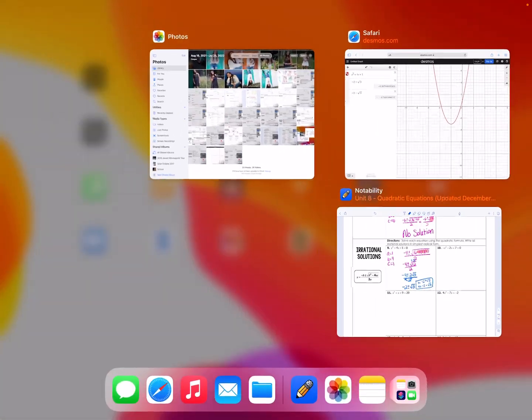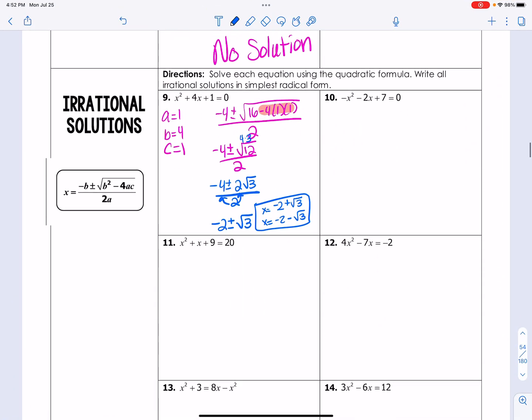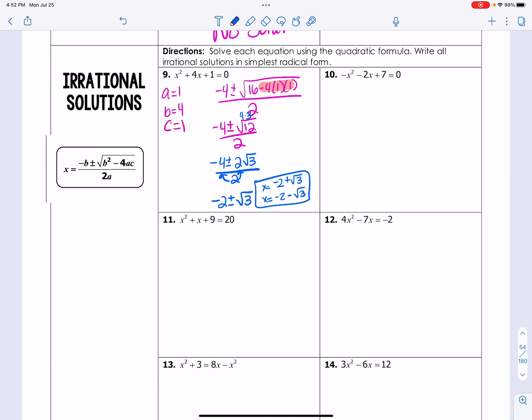Okay, so I would like to look at one more of those. I don't know that we'll do the rest, but we're going to do one more, and then I'm going to have you do a couple. So I'm going to minus 20, and that's x squared plus x minus 11. So my a is 1, my b is 1, my c is a negative 11.